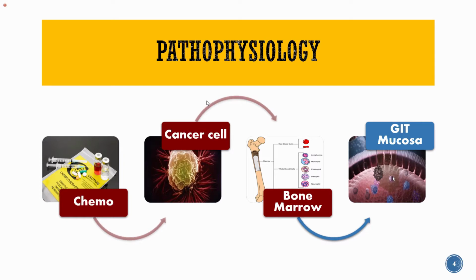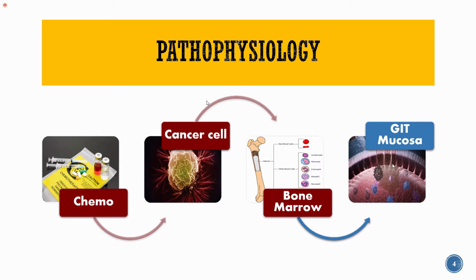When the barrier protected by the GI mucosa is broken, organisms, for example in the oral cavity, like gram-positive organisms, can penetrate into the bloodstream and cause bloodstream infections. And in the gastrointestinal mucosa, gram-negative rods normally harbor. For example, Enterobacteriaceae, which are most commonly found in patients with febrile neutropenia in the bacteremic episodes.